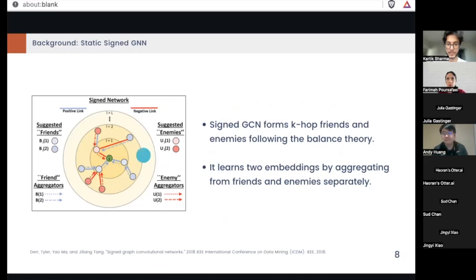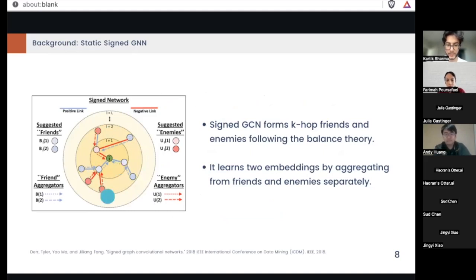Rather, for example, if there was no sign, then all these nodes at the 2-hop, or the second circle, would be considered the same. But since there is a sign, we want to differentiate these nodes in some sense. So how can we differentiate?